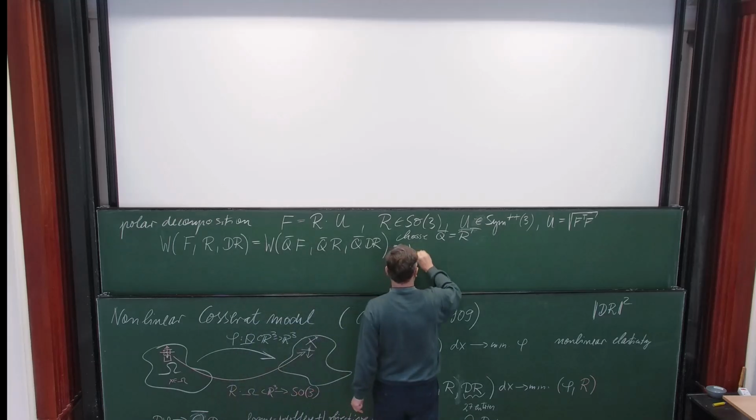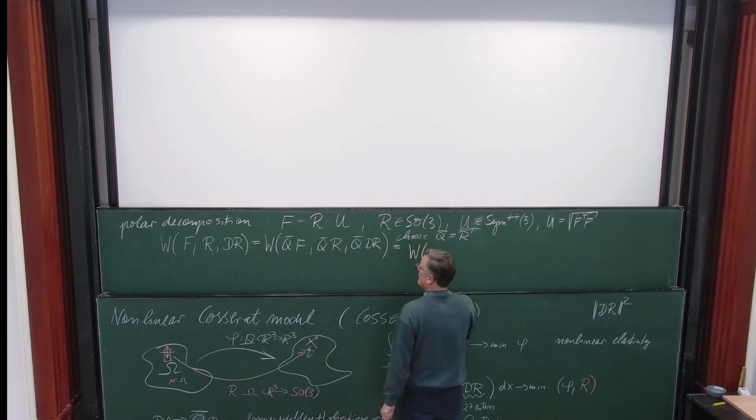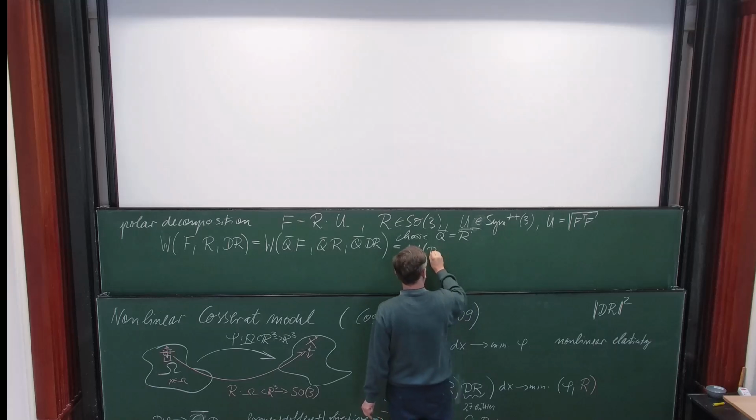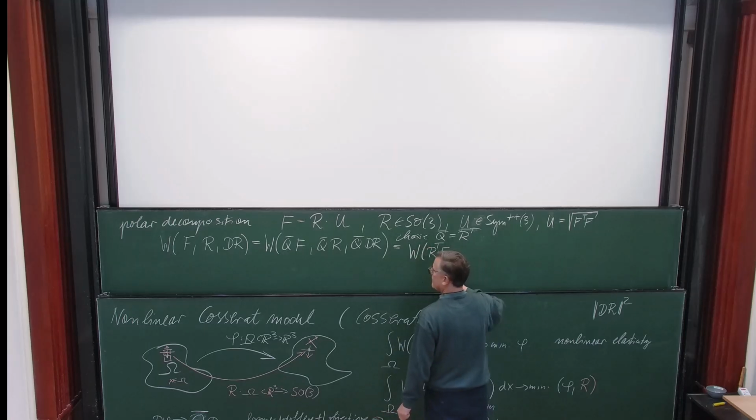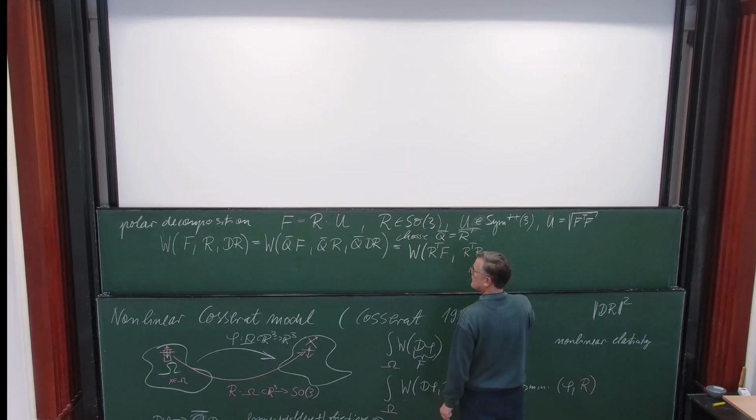So you get W of R transposed F, then R transposed R, and then R transposed dr.